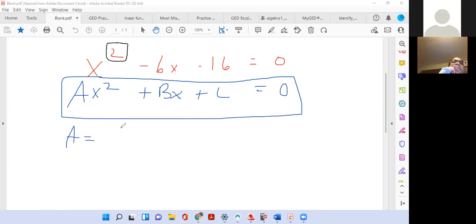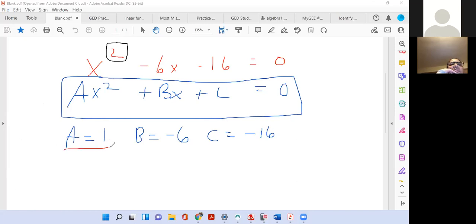What's my coefficient of x squared? 1. What is B? What's my coefficient of the x? Negative 6. And then what's my constant for my third term? Negative 16.